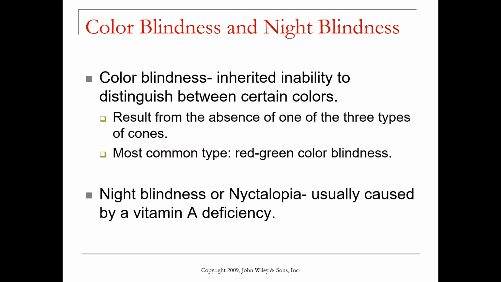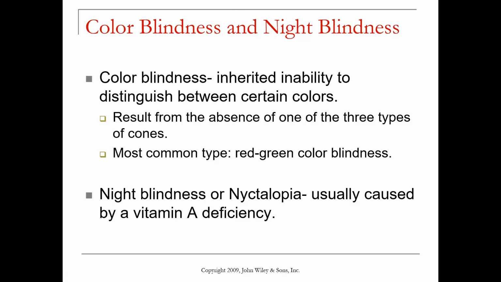A person who is colorblind has a problem with their rods and cones. It is a problem of not having the right kind of cones. The cones that detect red-green colors are absent or non-functional. Red-green color blindness is the most common type of color blindness.